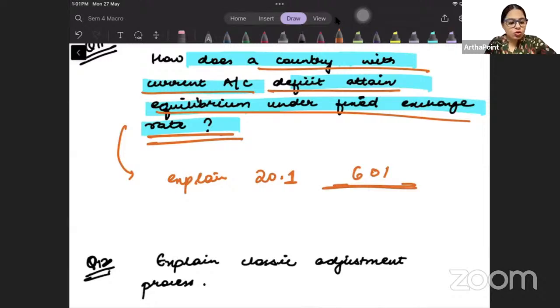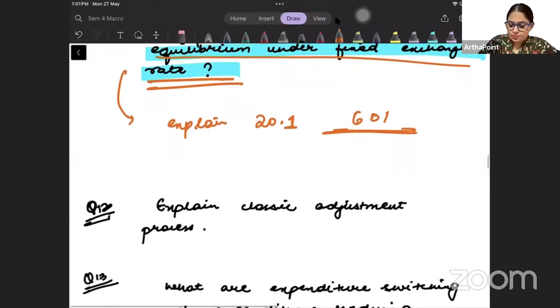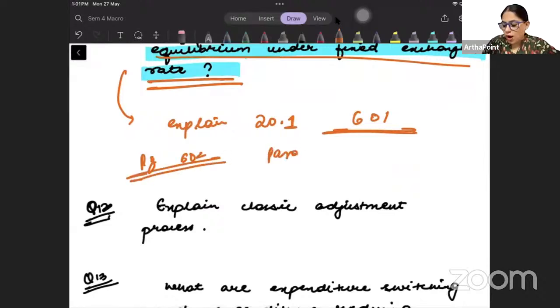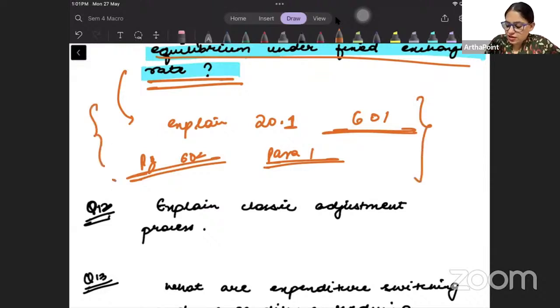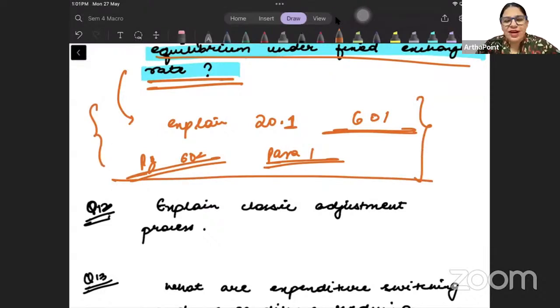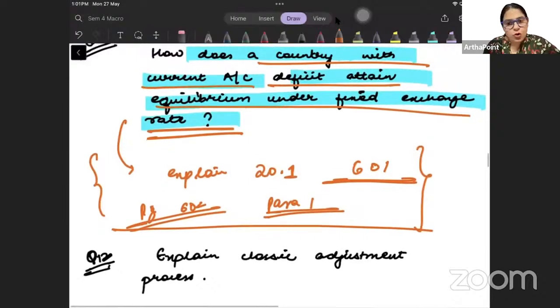And then if you go to page 602, in para 1, it talks about this only. It says, what does a country with current account deficit like at E do? This is its first line. So you need to just pick up that paragraph and read it well. That will help you answer this question.